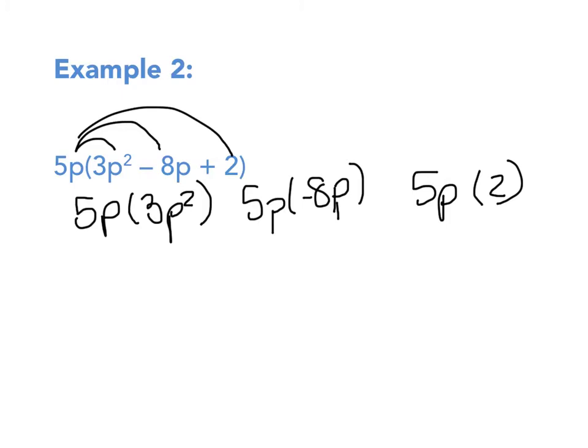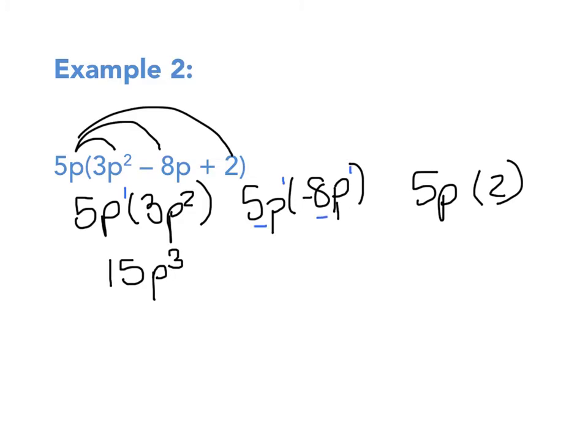So 5p to the first power times 3p squared. Multiply our coefficients, that's 15, and p to the first times p to the second is p cubed. 5p times negative 8p, again we have our ninja ones hiding up there.